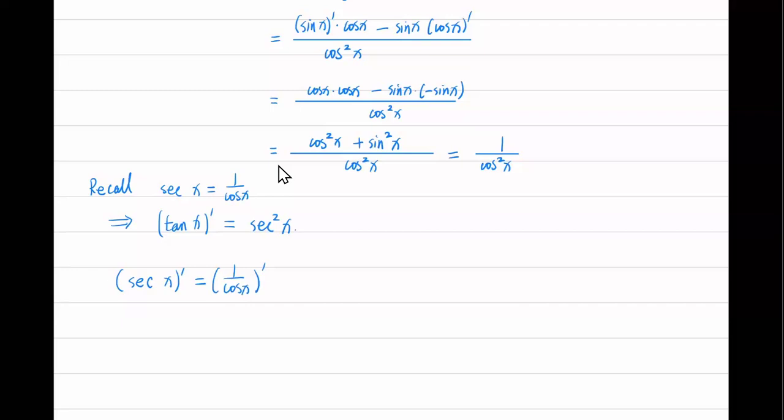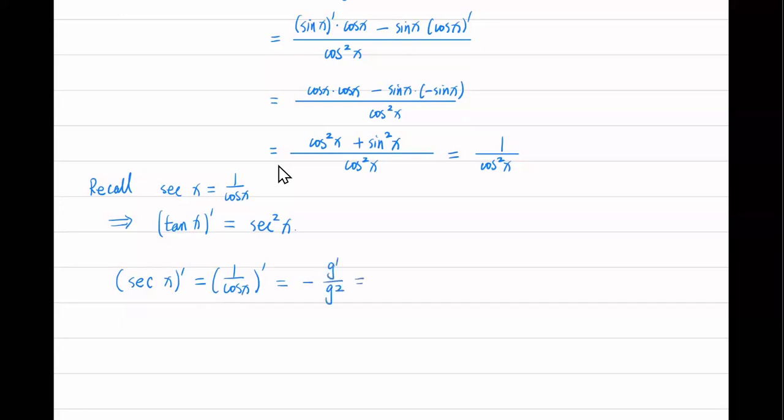So Zichen, how do you find this derivative? It used the quotient rule again. Okay, it's a special case of the quotient rule. Again, I'm going to copy the formula.